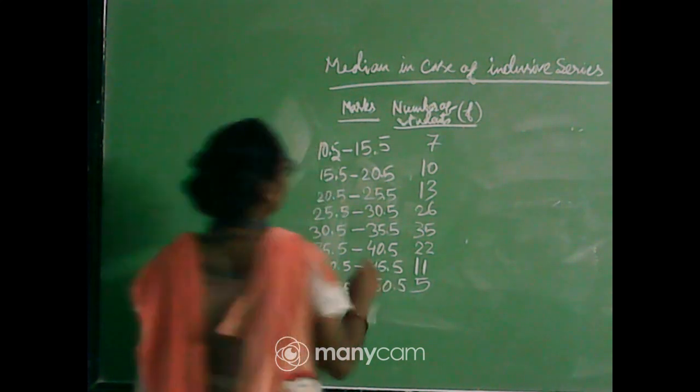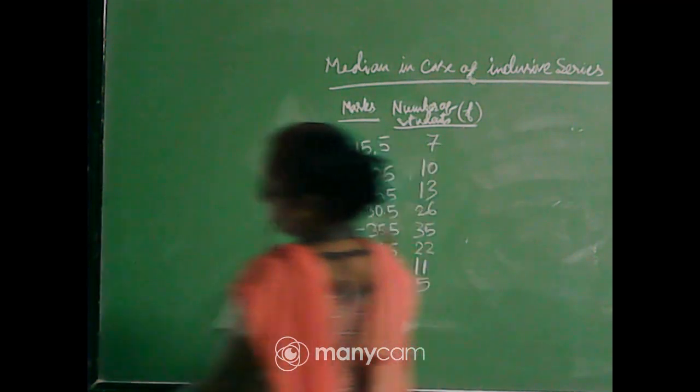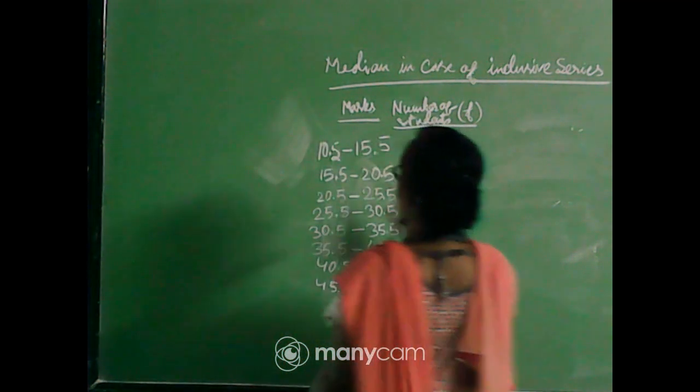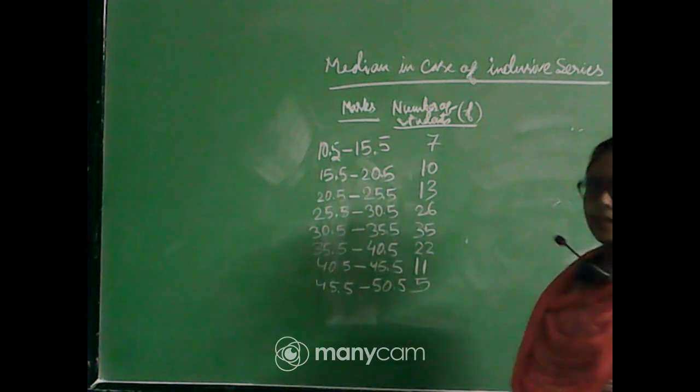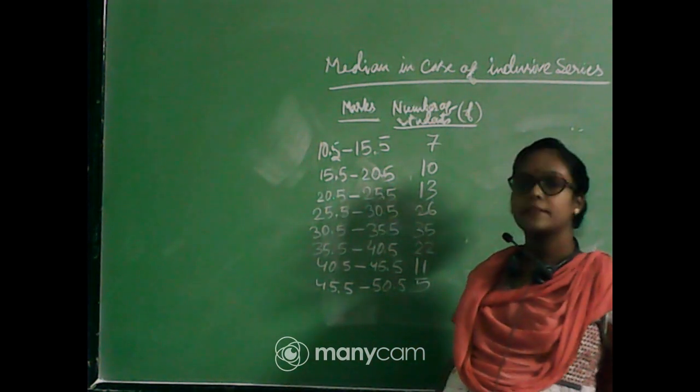So now see, the upper limit of the previous class and the lower limit of the next class are equal. Okay? Clear?